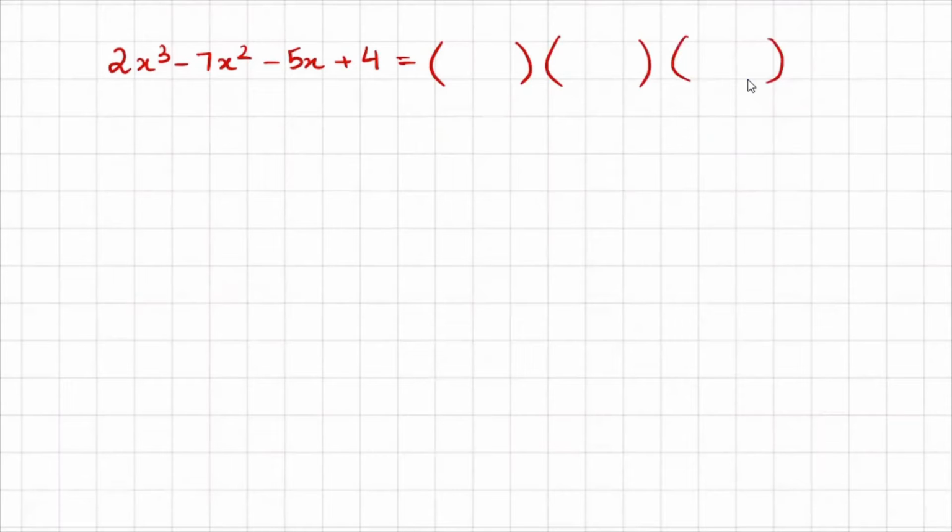Now, how do you find these 3 brackets? The first bracket is found through trial and error. The other 2 brackets are found using the quadratic equation.